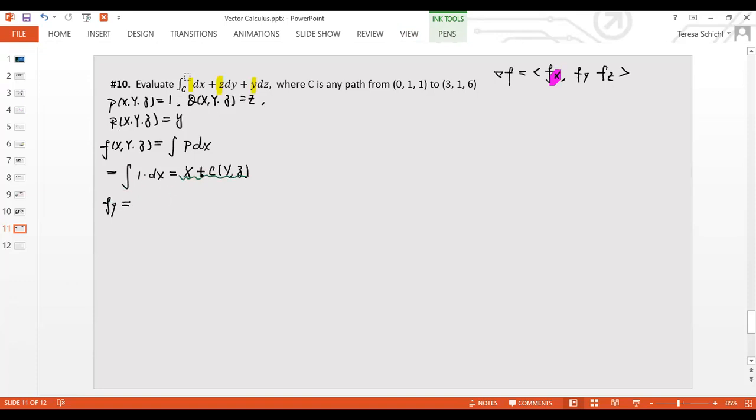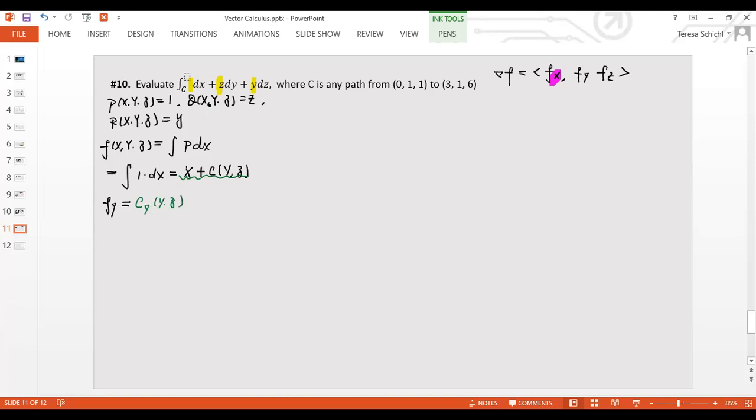If you take the derivative with respect to y, x becomes 0. Now what is this one here? You have a partial for y of the yz here, correct?